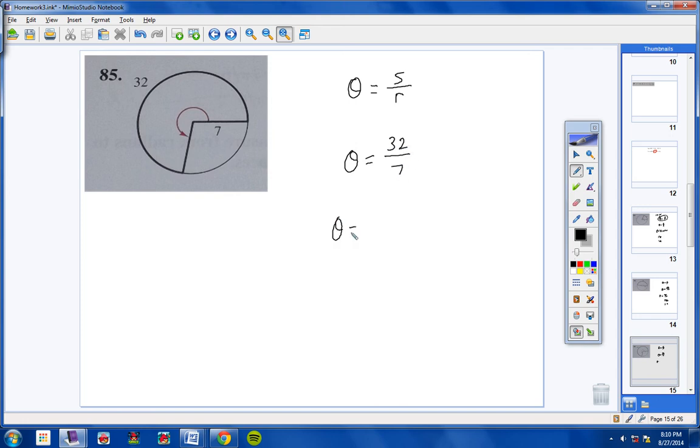So theta equals 32/7 radians, or it equals 4 4/7 radians, or approximately 4.5714. Any of those answers are acceptable.